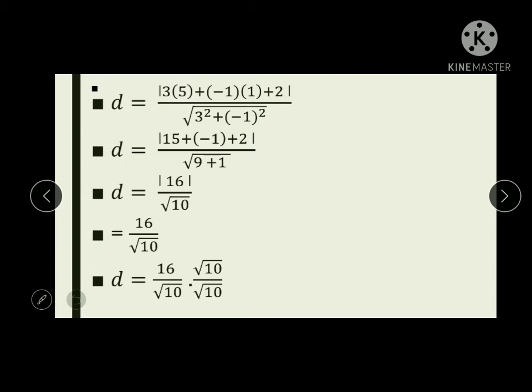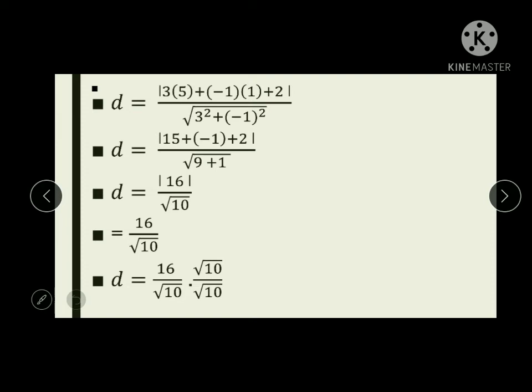The absolute value of 16 is 16 pa rin siya over square root of 10. However, dahil meron pang square root sa denominator, alam naman nating hindi exact root ang square root of 10, we have to rationalize it first. So, dito kailangan pa rin marunong tayong mag-rationalize.